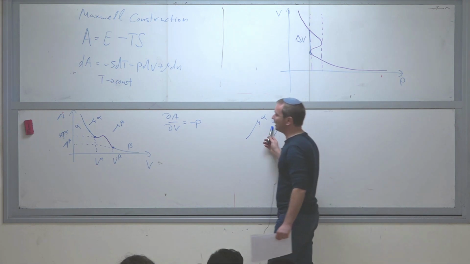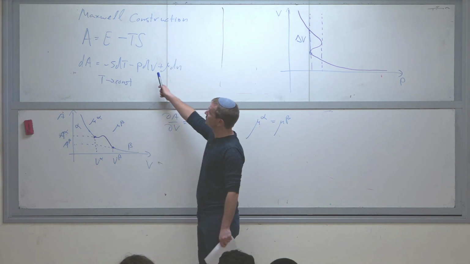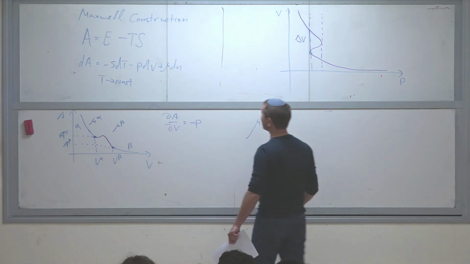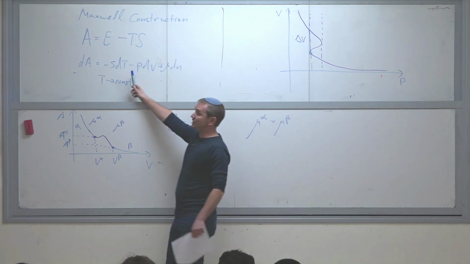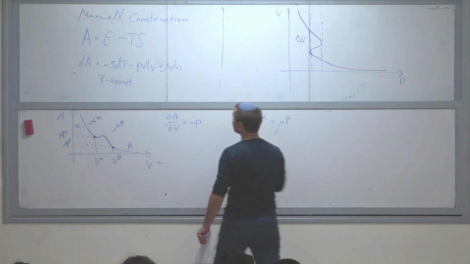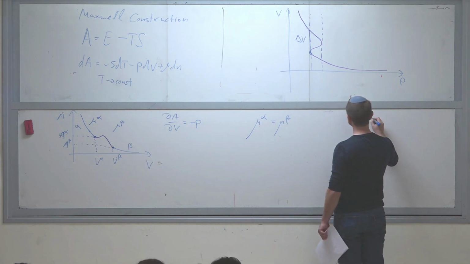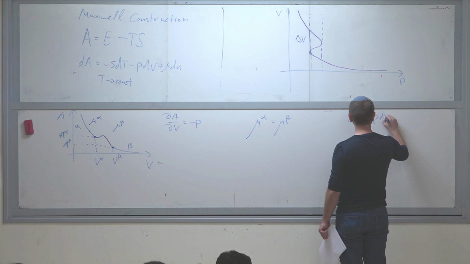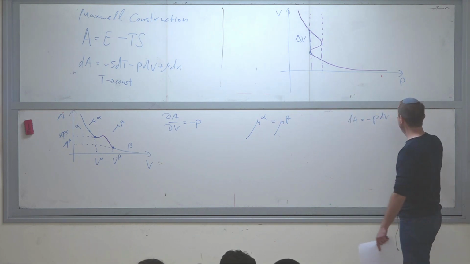How are we going to apply it to the Helmholtz free energy? We're going to use this equation over here. First of all, let's get rid of dT. The T is constant. So dA equals minus P dV, plus mu dn, where mu is also constant from one phase to another.